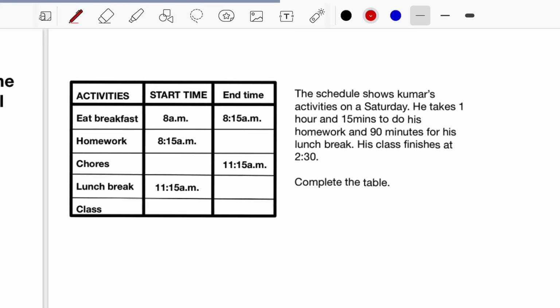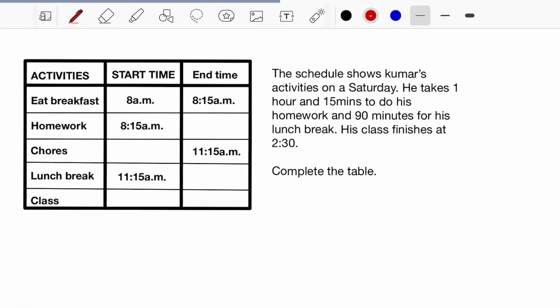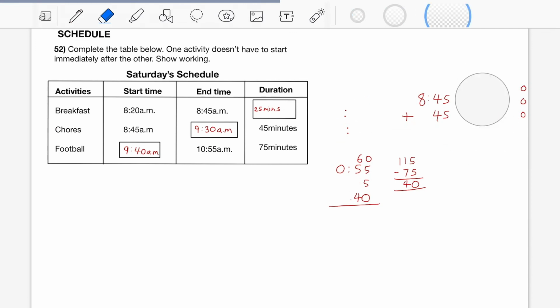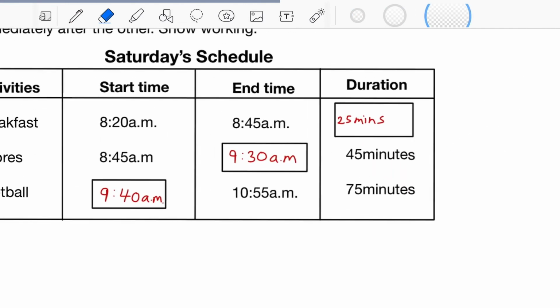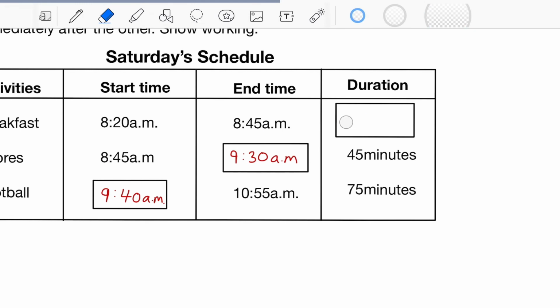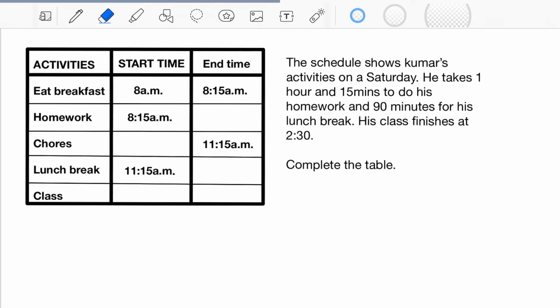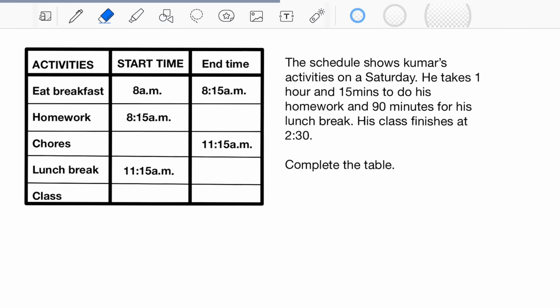Next question. Let me erase this quickly before we begin. Right, so the next question is also a schedule question. So we have the activities and the start time and end time, similar to the question before.